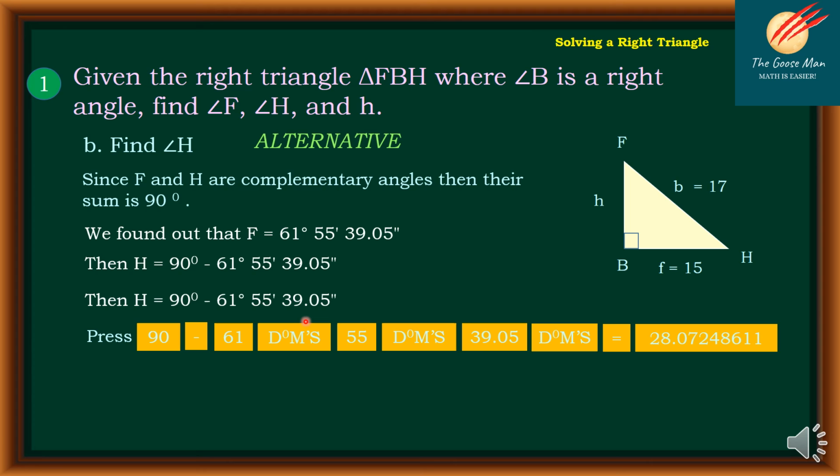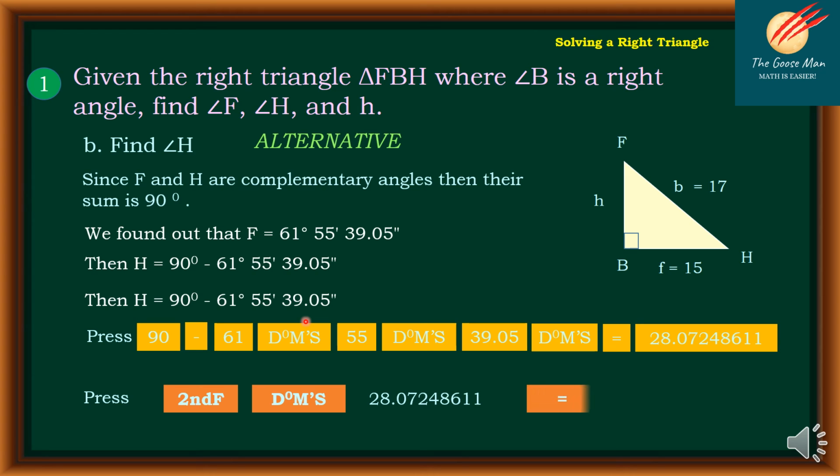Again, to convert this into degrees, minutes, seconds, press second function DMS. We have 28.07248611, equal sign. Then we have 28 degrees, 4 minutes, 20.95 seconds.